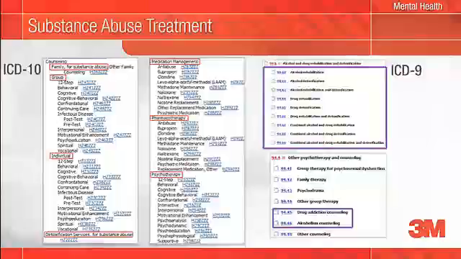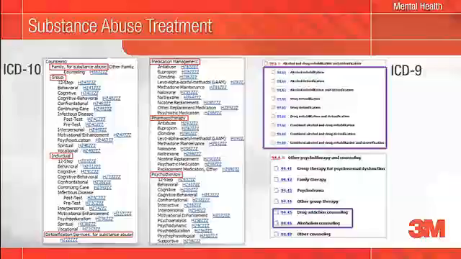These codes can be grouped into three categories, with the first being detoxification services for alcohol and/or drugs. The second group of codes classifies counseling, including individual counseling, group, and family counseling, as well as individual psychotherapy.